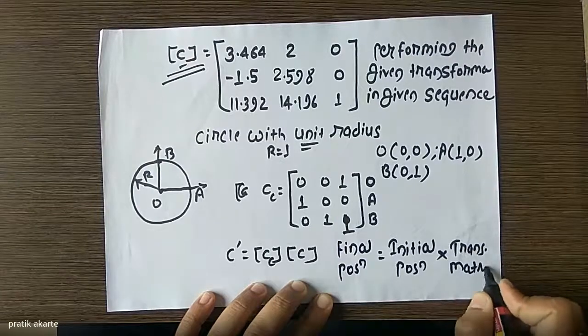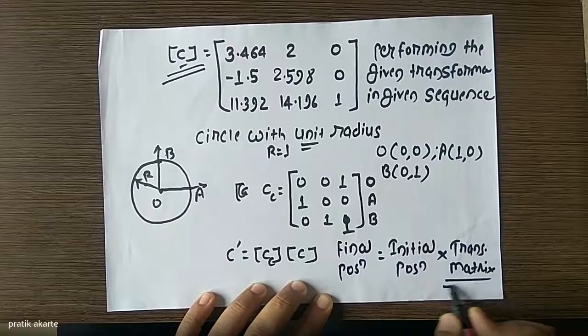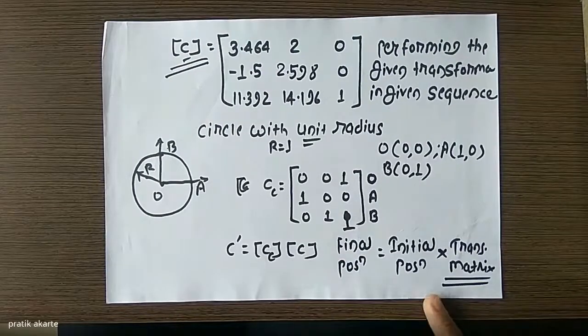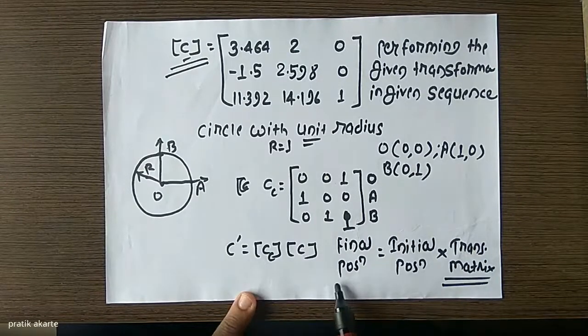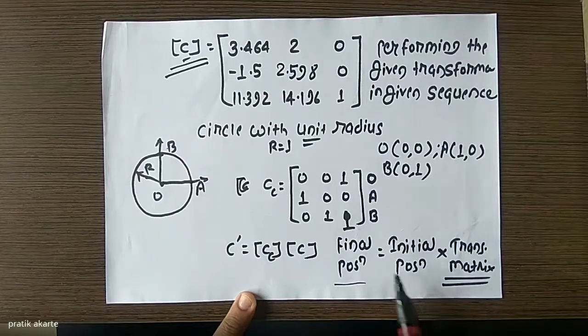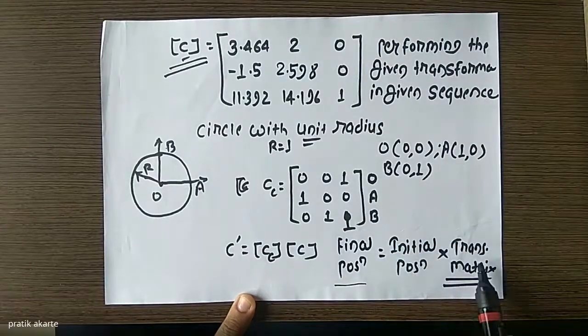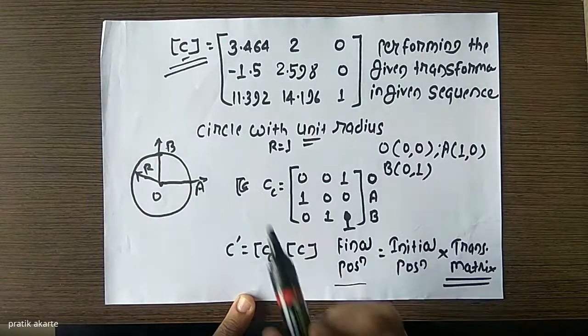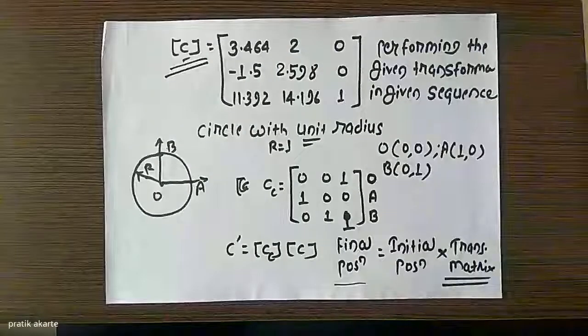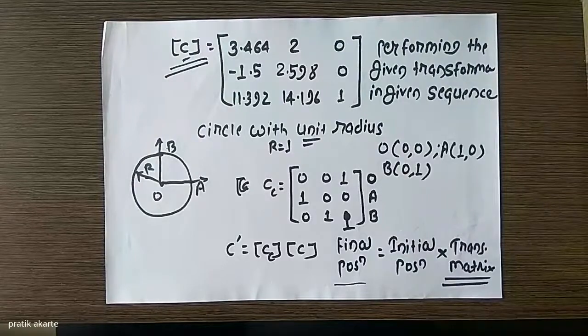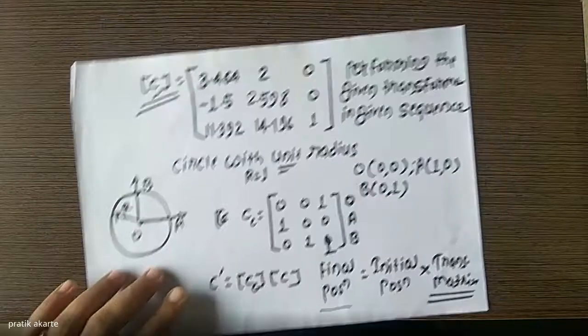This may be an individual transformation, or this may be a concatenated transformation. Okay. So the final position we have to find out for the circle. This is the initial position having unit radius, and the transformation matrix is your concatenated transformation matrix, which we have found out. So let us solve it.